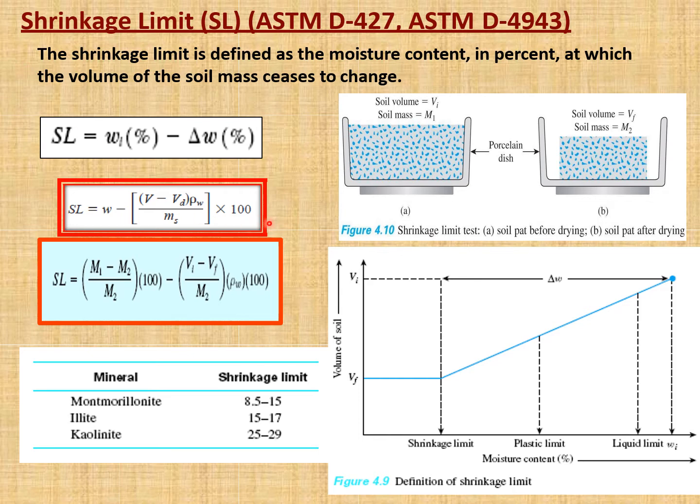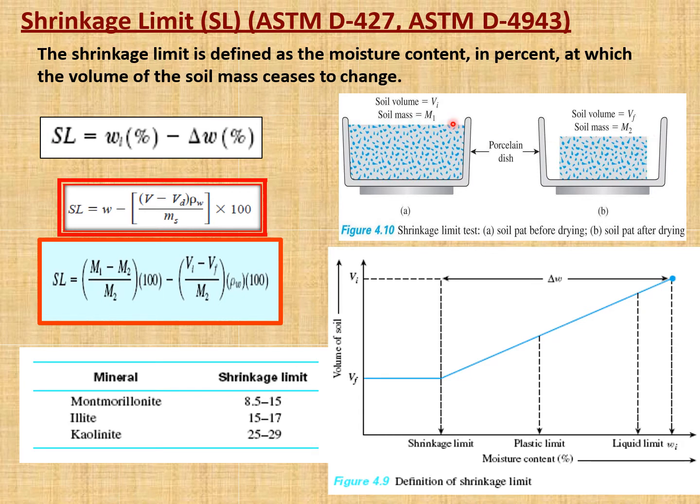Now here you can see the wet soil which has been placed in this porcelain dish. The soil volume is V1 and the soil mass is M sub 1. And when it has been dried completely, the soil volume is V sub F, or V sub S, and the soil mass is equal to M2.